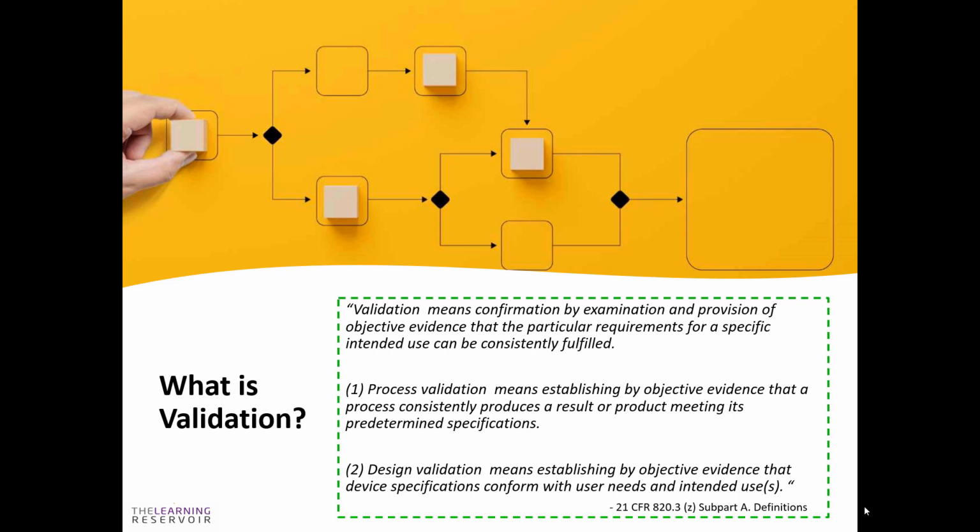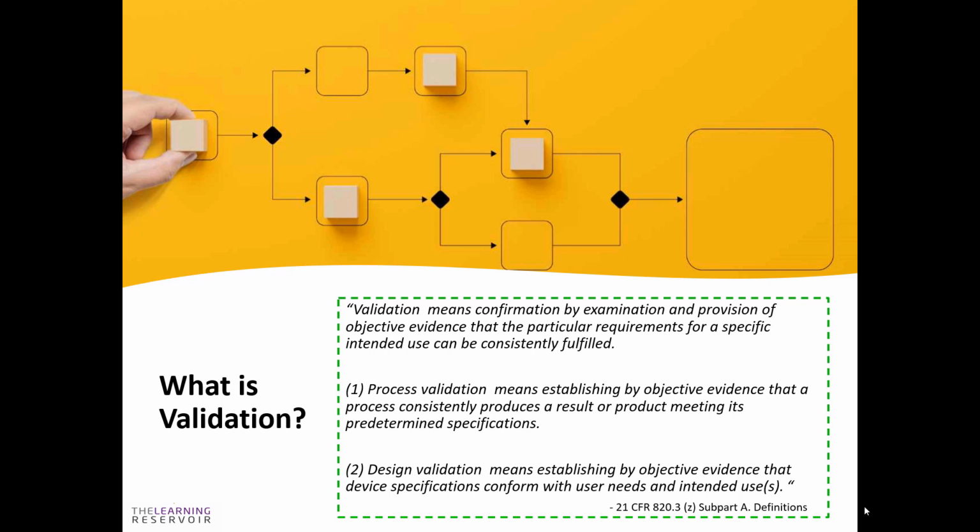So for the filling line, whatever the product specifications are for doing that filling, because you validate that process, it should always result in those predetermined specifications being met because it's formally validated. When you do a validation, it's a formal activity, and we'll talk about that in a moment.